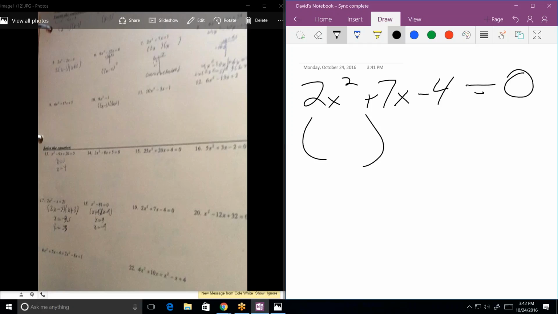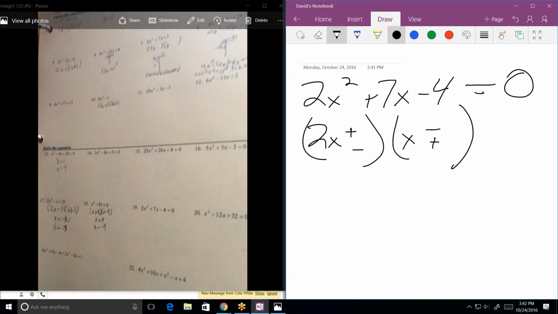Go ahead. Do these step by step. So you have 2x and x. Plus minus, which means plus minus or minus plus. And then either 2 and 2 or 4 and 1.